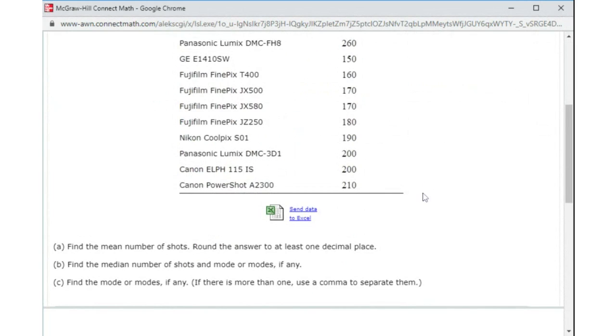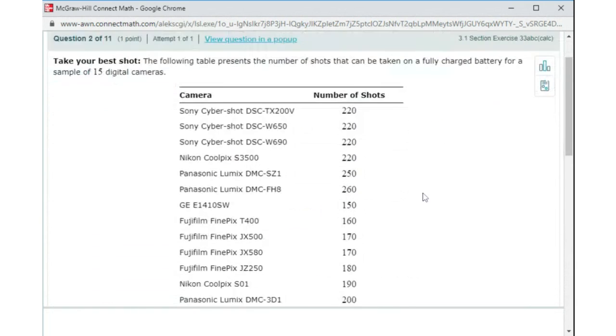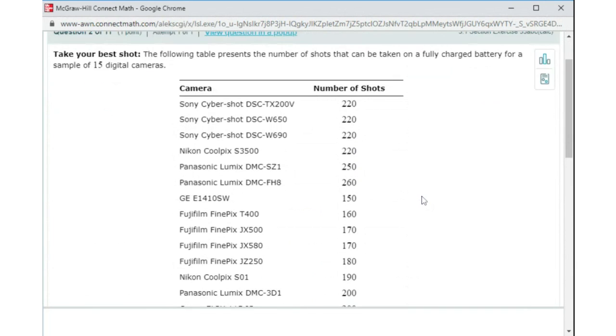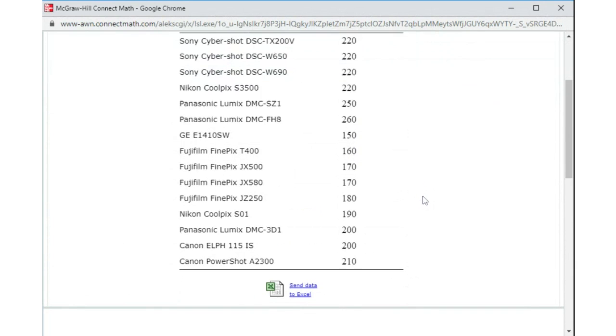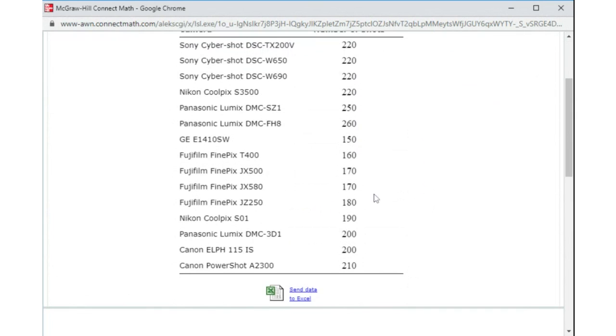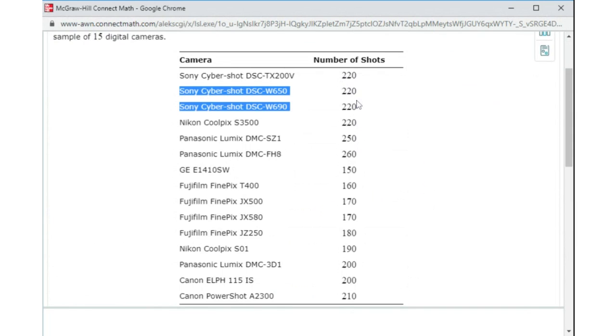So with this, same thing, it's just got more values. So add them all up, divide by 15, then order them, find the one in the middle, and then the one that repeats. You could probably even tell that that's 220 because there's 4 of them.